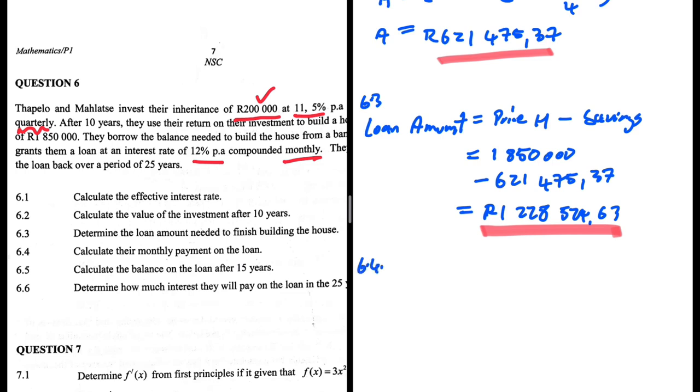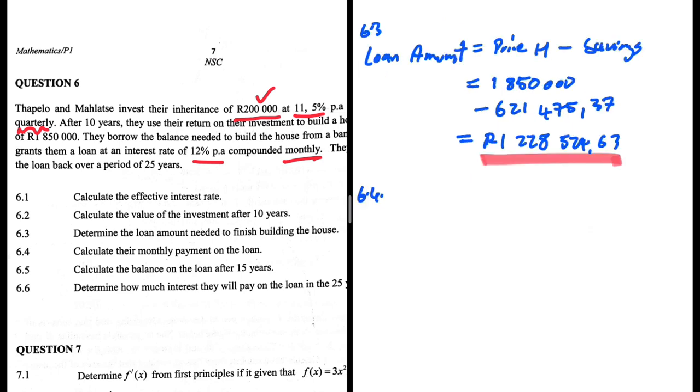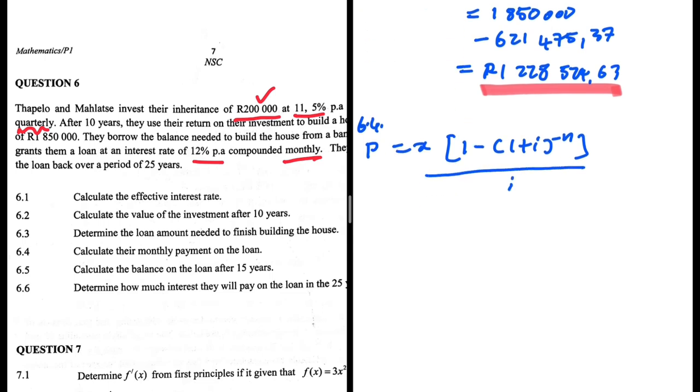Calculate the monthly payment of the loan. So we have the loan amount, which is our P, right? Because we know that P is equal to X multiplied by (1 minus (1 plus the interest) to the power minus N), everything divided by the interest, so divided by I. Okay.